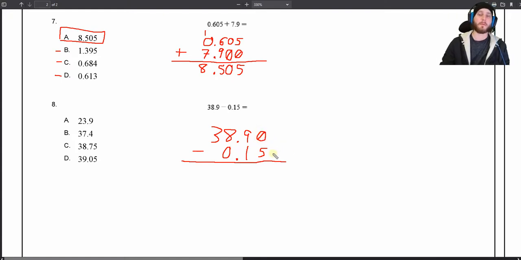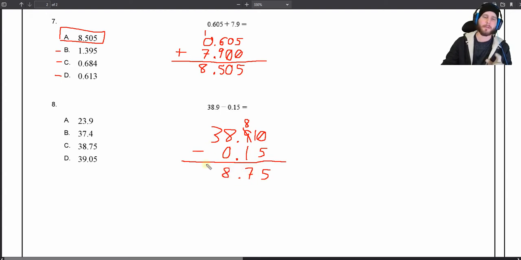Now, we can't do 5 taken away from 0, but I can borrow. Turn that into an 8. So 10 minus 5 is 5. 8 minus 1 is 7. 8 minus 0, and 3 minus nothing. So we should have 38.75, which is our answer for number 8.